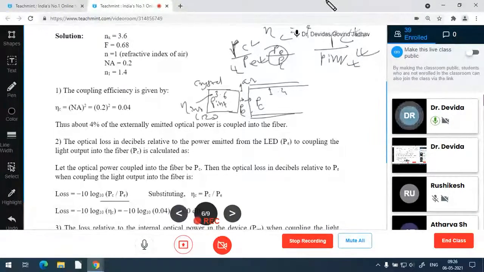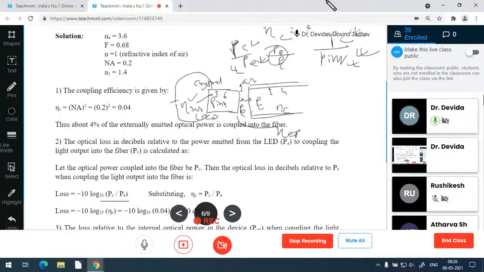Now power generated internally, P internal, is with the efficiency eta internal. Power emitted is with the efficiency eta EP, and power coupled into the fiber is with the efficiency eta C. Why are there efficiencies? Because whatever charge particles are supplied by the battery, only with eta internal are photons created.